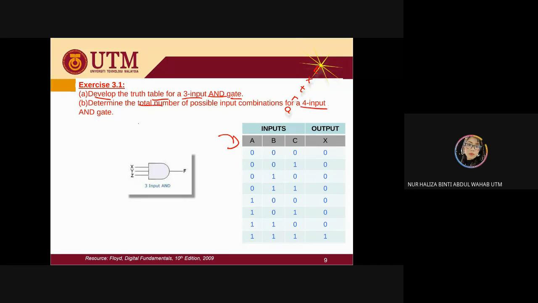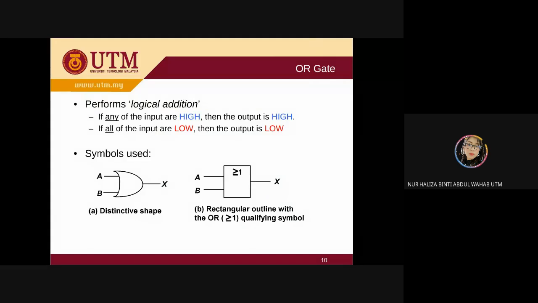Also, I already mentioned, 2 to the power of 4 equals 16, from 0 to 15, or 0000 until 1111.